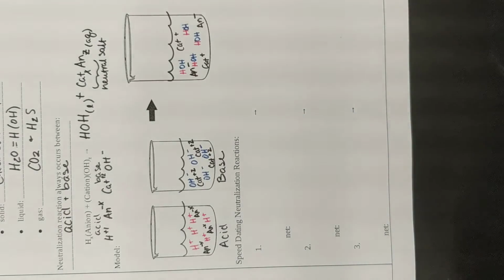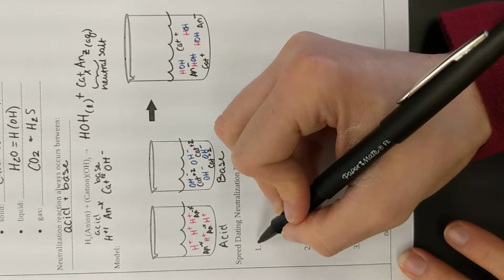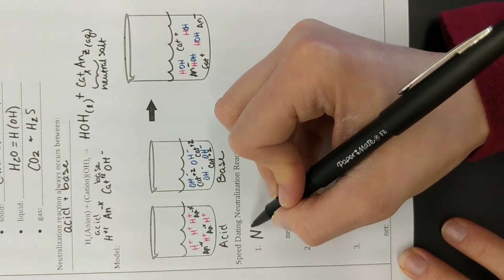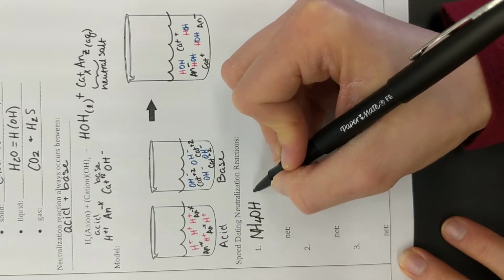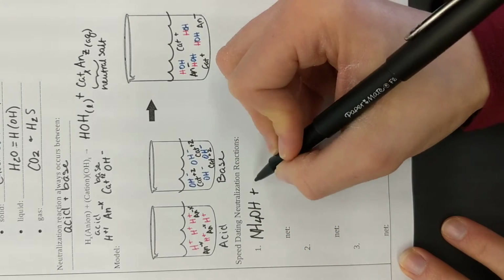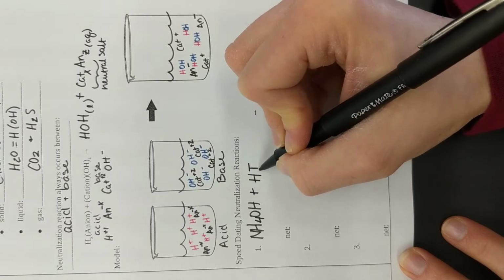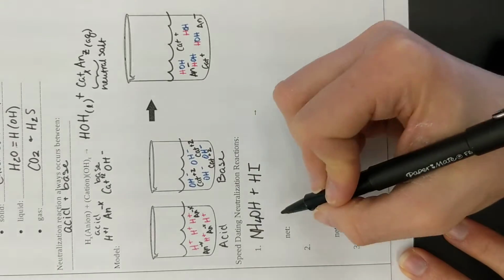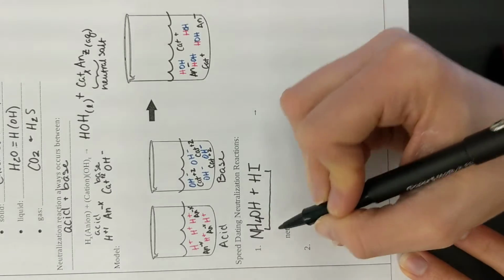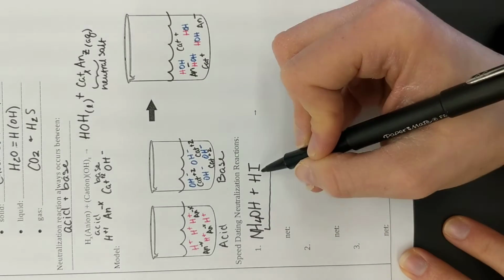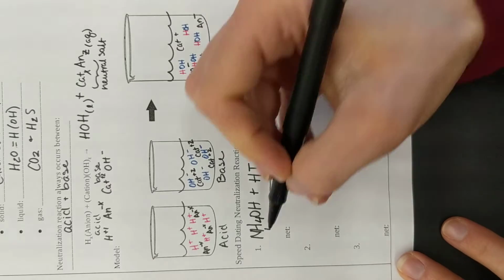I'm just going to choose a couple. We won't speed date today, but let's say we're going to write the equation between ammonium hydroxide and hydroiodic acid. Okay. So I'm going to put my outside ions together, which I recognize as being ammonium and iodide.